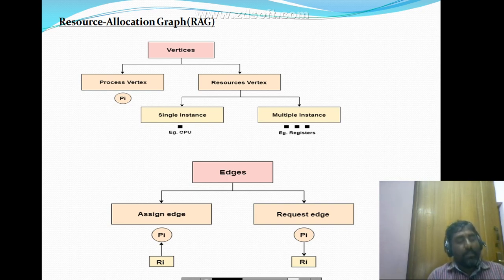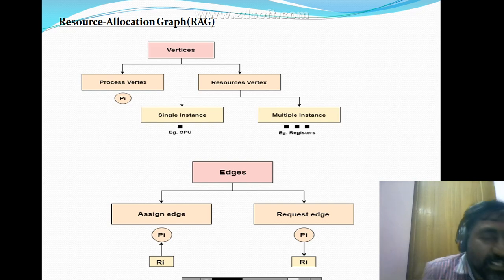Edges also are of two types: assigned edge and request edge. Assigned edge means the resource is connected to the process: the edge moves towards the process, which means that resource is assigned to the process.